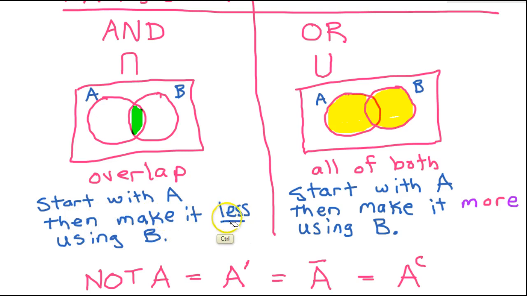I'm going to narrow it down using the other set. Alright, AND is less. If it's an OR problem, I'm going to start with the first set, and then I'm going to make it more using the other set. Alright, so I'll start with the first set, but OR is more, so I'm going to add on more.